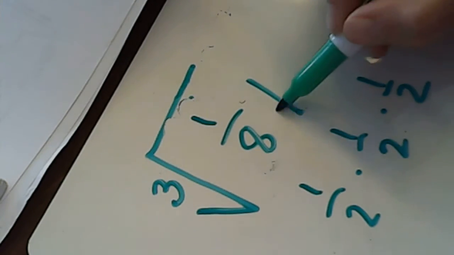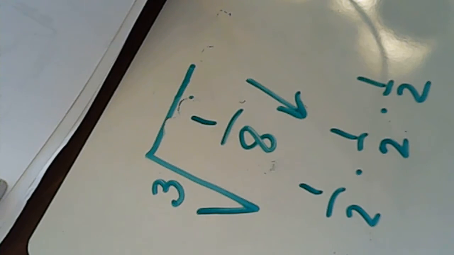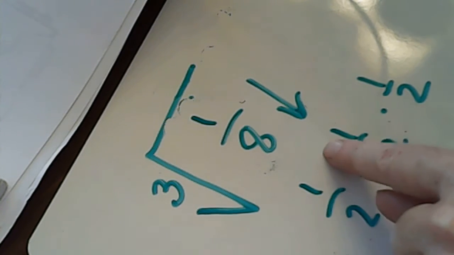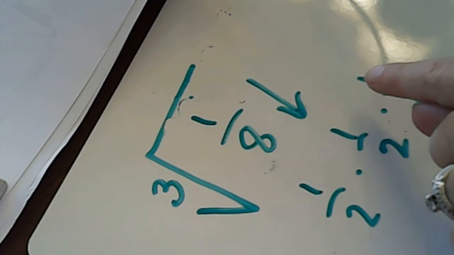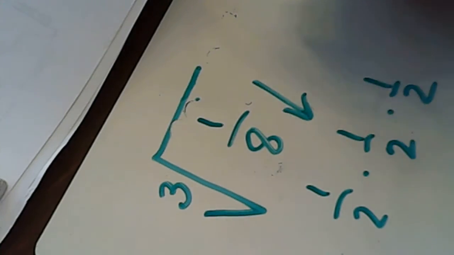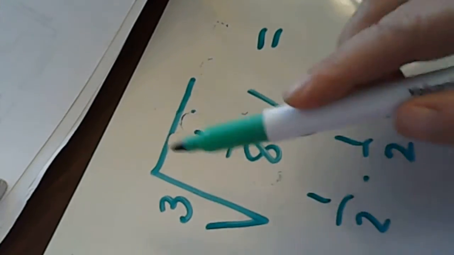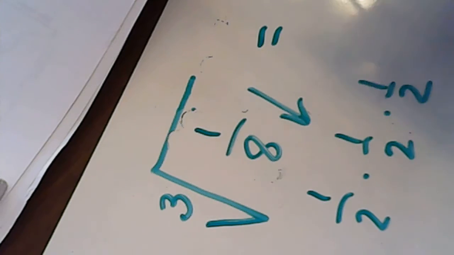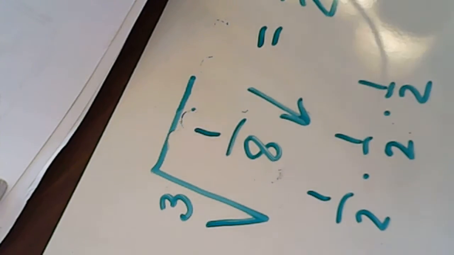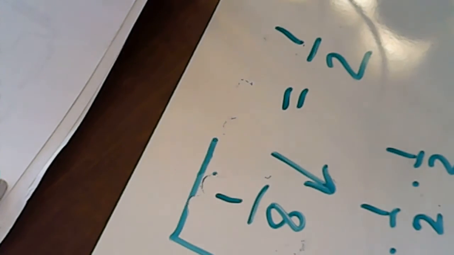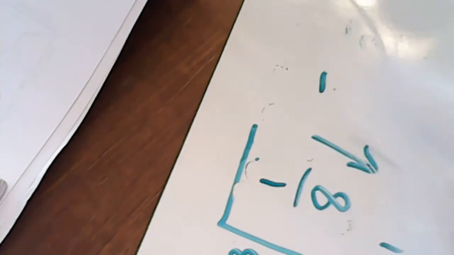Because 2 times 2 is 4, times 2 is 8. 1 times 1 is 1, times 1 is 1. So in my final answer here, the cube root of 1/8 equals 1/2. Okay, so that's when you encounter those.